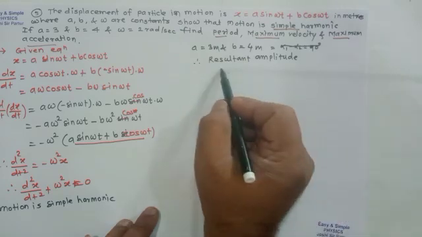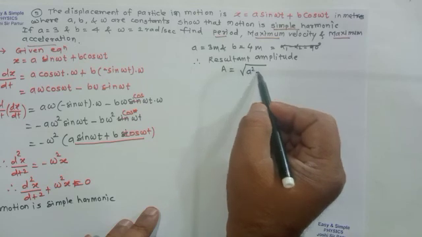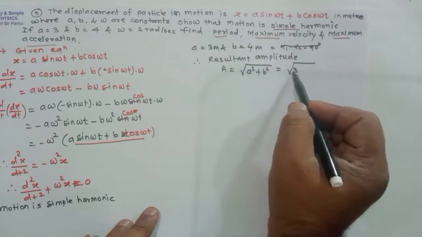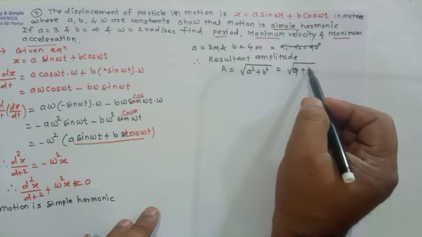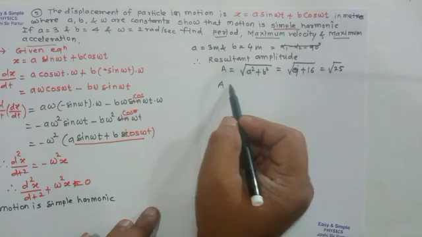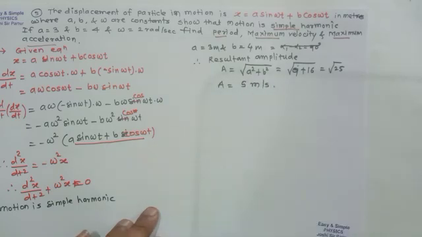So resultant amplitude A equal to square root of a square plus b square. It will be square root of 9 plus 16, square root of 25. So resultant amplitude will be 5 meter.